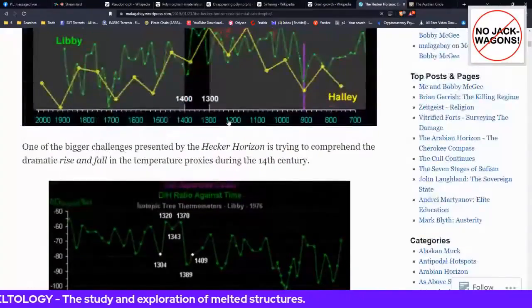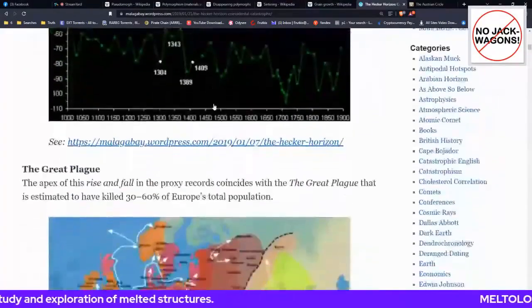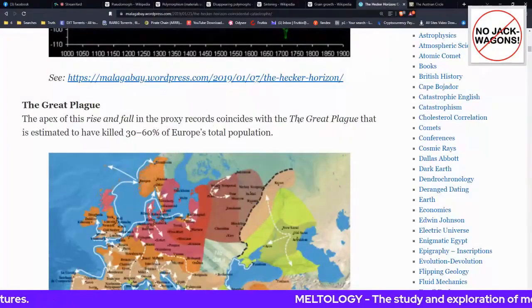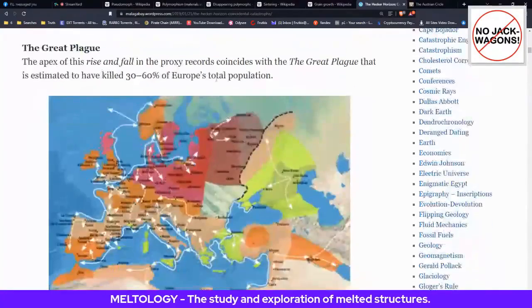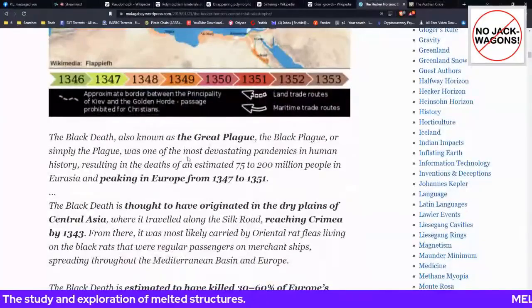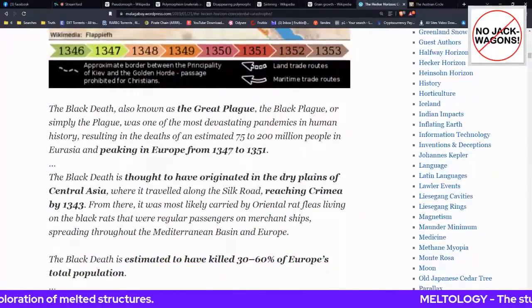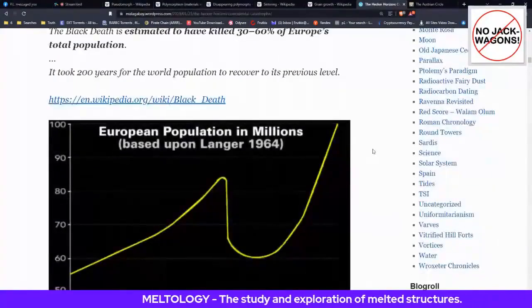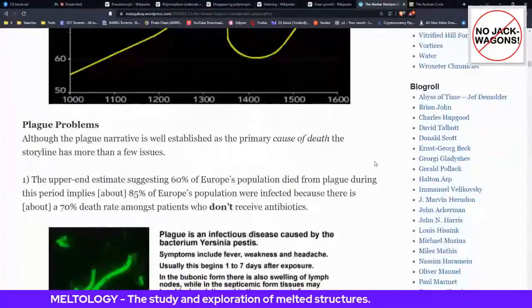I don't know where they get these temperature markings, but they coincide with the Great Plague, when 30 to 60% of Europe's population died off. And they're blaming it on a plague, but it seems it had something to do with this temperature differential happening throughout the 14th century. Extreme temperature differentials, yes, that's what they call it.